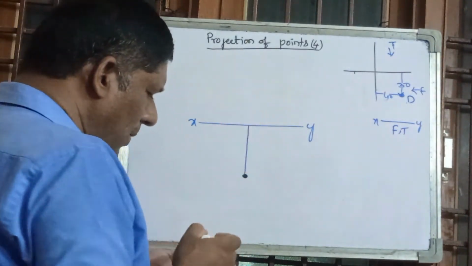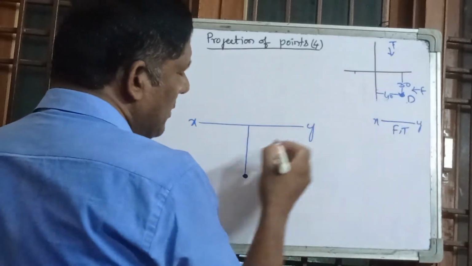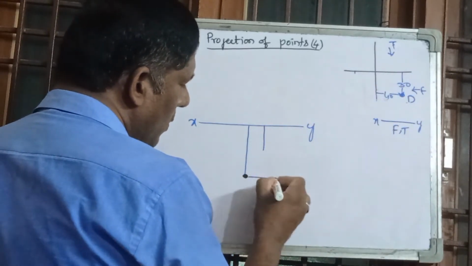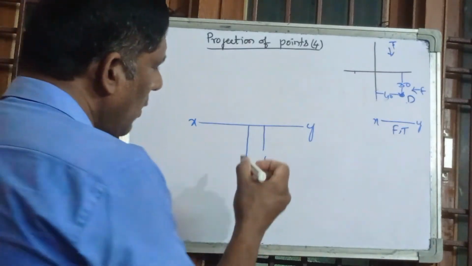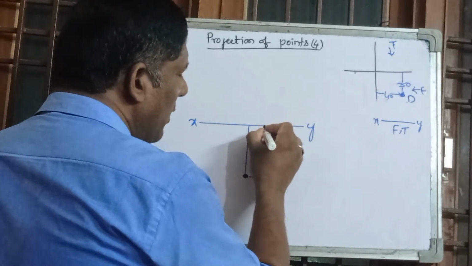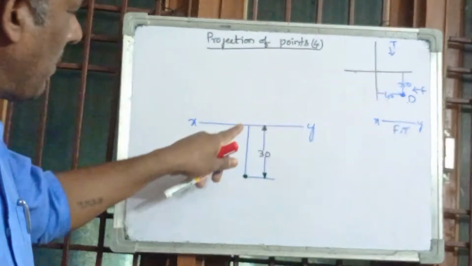So the total distance is 30 mm. The arrow mark is also with the HB pencil. So this is 30 mm.